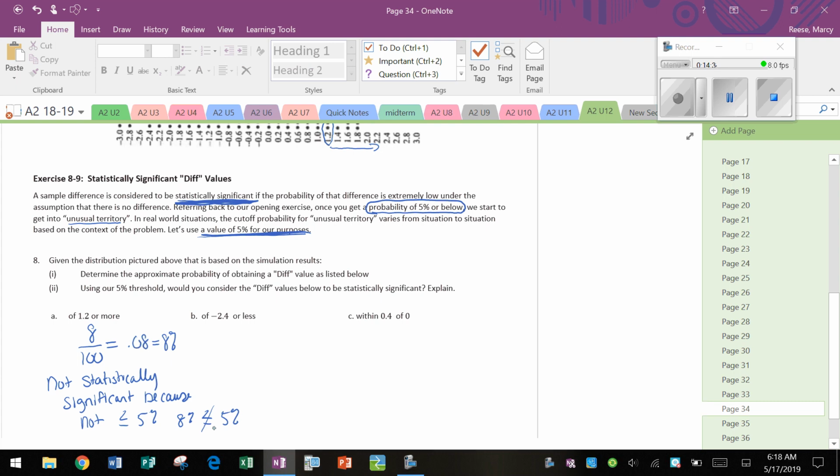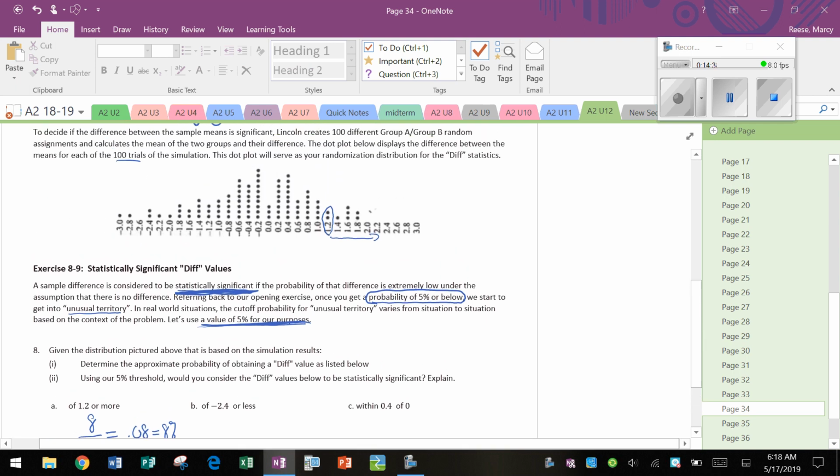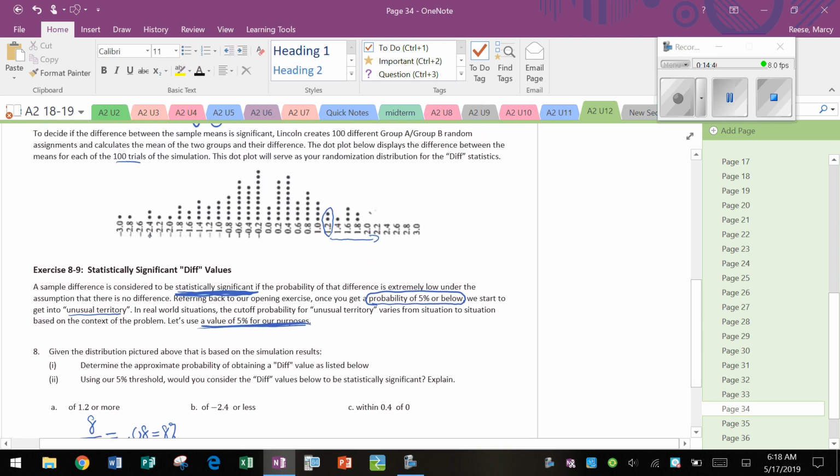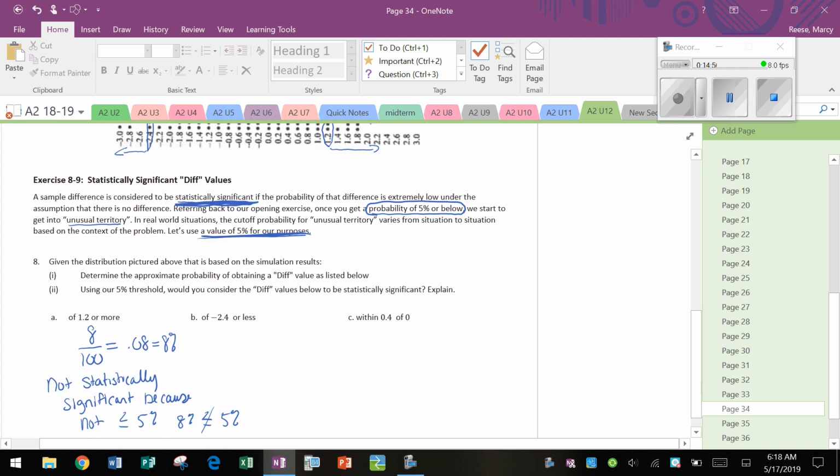All right, what if we've got a difference of negative 2.4 or less? So if I get a difference of negative 2.4 or less, I counted 4 dots. 4 out of 100 produces a 4%, right?